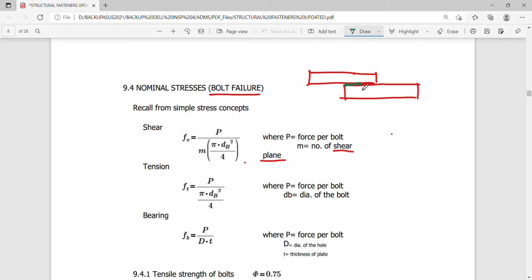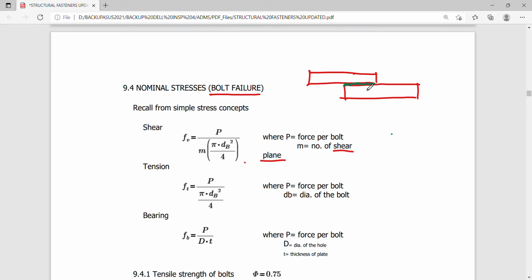Okay, so this plane here is actually the shear plane upon which your bolt connecting the two plates will be divided, no, by the shear plane.